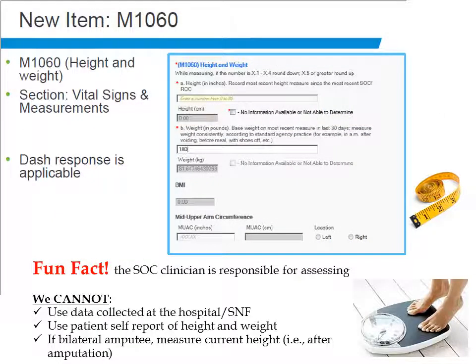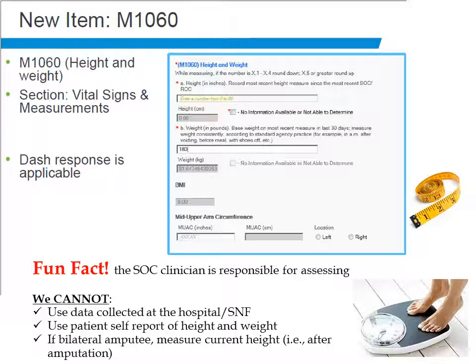So height and weight. This was a bit of an issue at the last discussion, and it still is an issue, and it's an issue for every home health agency across the nation. There's been lots of chatter about how we're supposed to use or gather this information because the guidance that we've been given is ridiculous.